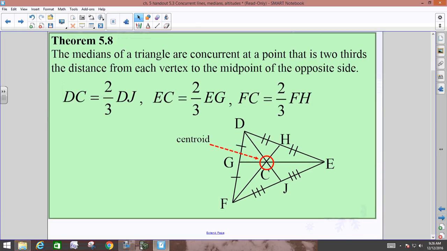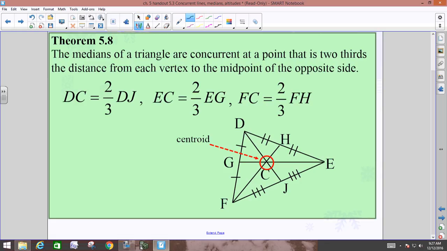So GE, that's a median. The centroid there, C, is cutting it into a 1/3 and a 2/3 portion. FH, median. HC would be 1/3 of the length. CF would be 2/3 of it. JD is another median. CG is going to be 1/3 of that total length, and CD will be 2/3 of that.